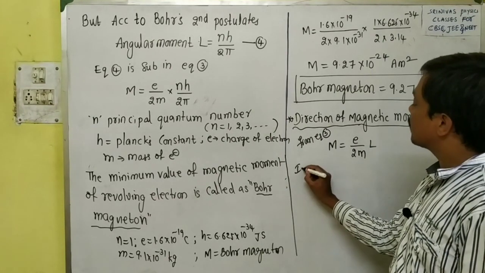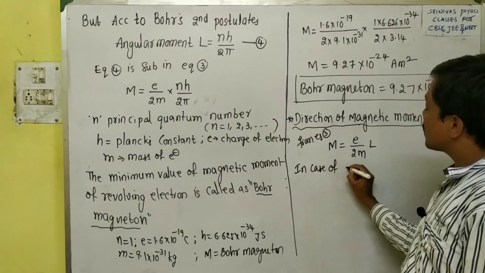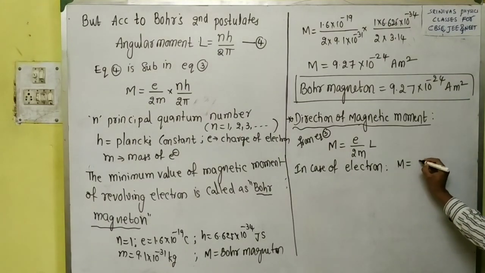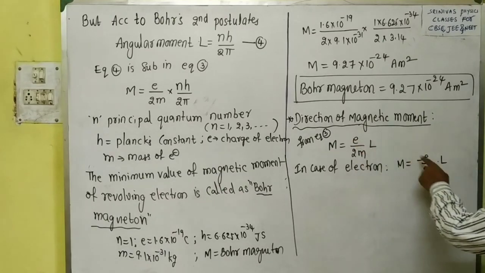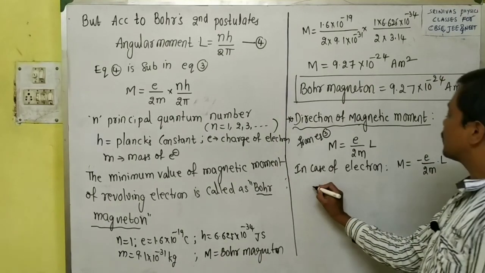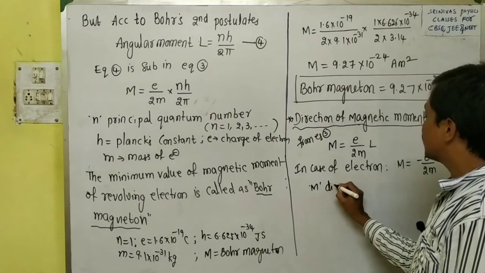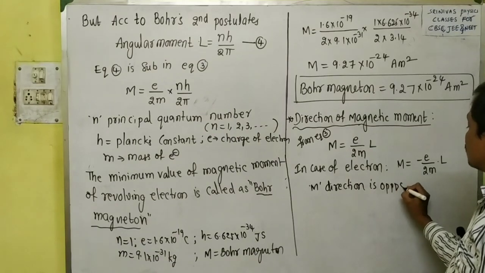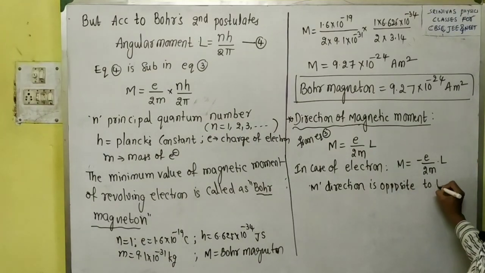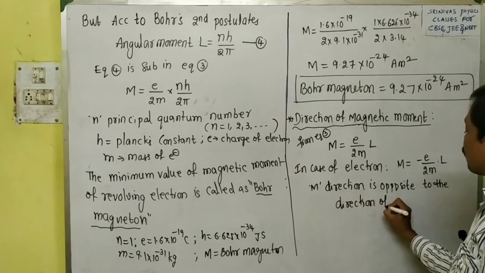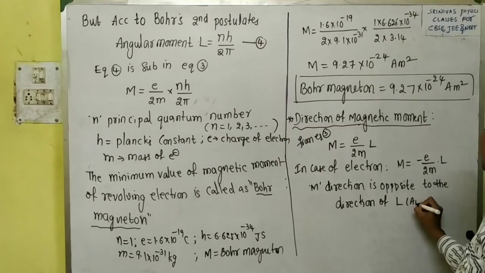In case of electron, M is equal to minus e by 2m into L, because electron charge is negative. Then the magnetic moment direction is opposite to angular momentum. Capital M direction is opposite to the direction of L. L means angular momentum.